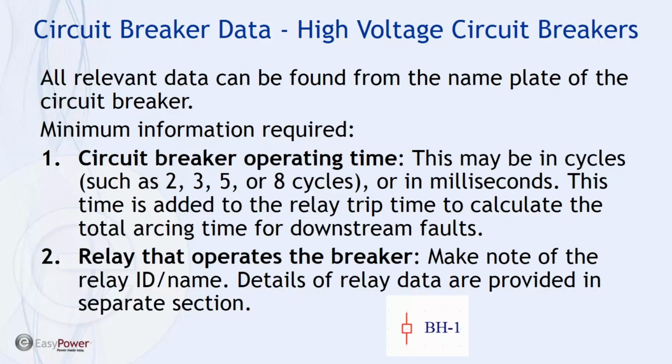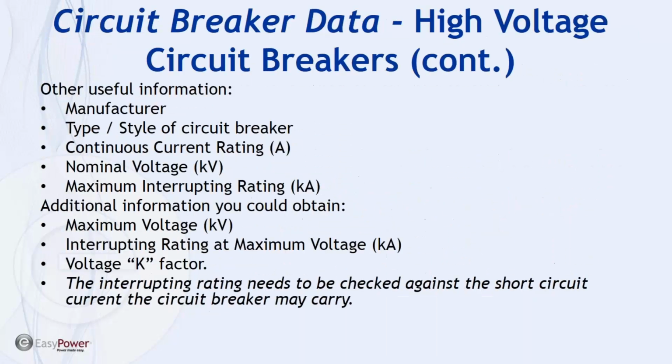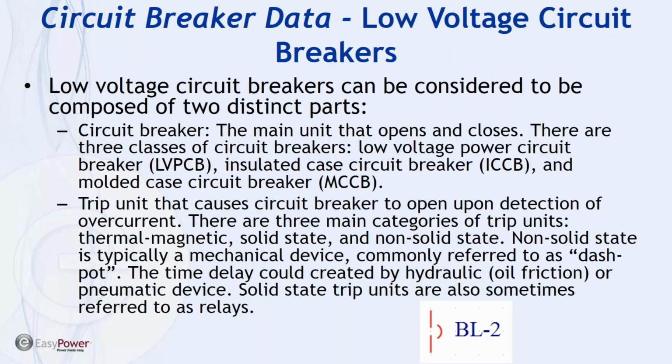If there's a relay that operates that breaker, make sure you identify the ID of the relay, and the relay details are recorded separately. Frequently for circuit breakers, high voltage types, you're talking about manufacturer, the type, continuous rating, the nominal voltage, and then if you have the ability to do additional data, by all means collect it if it's available.